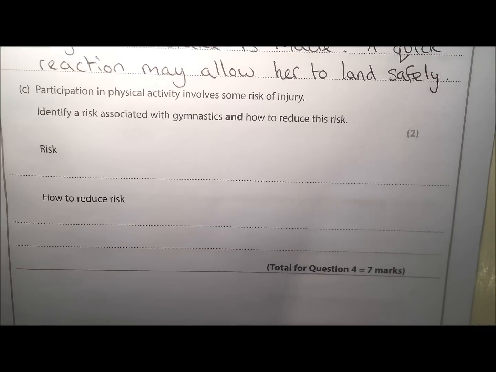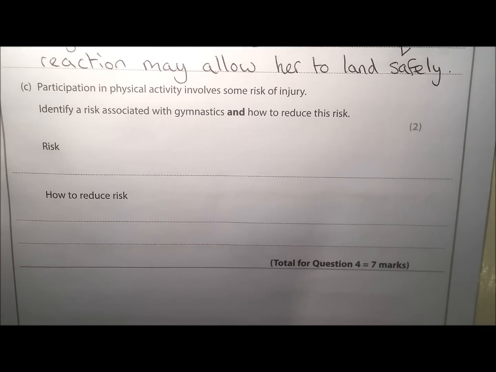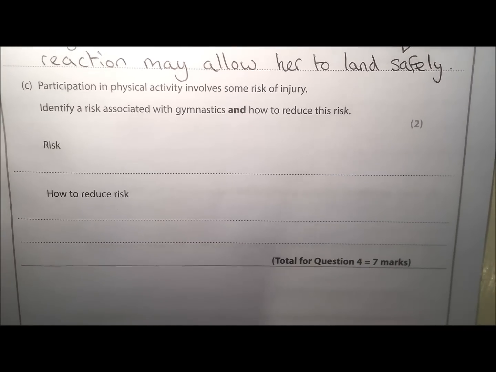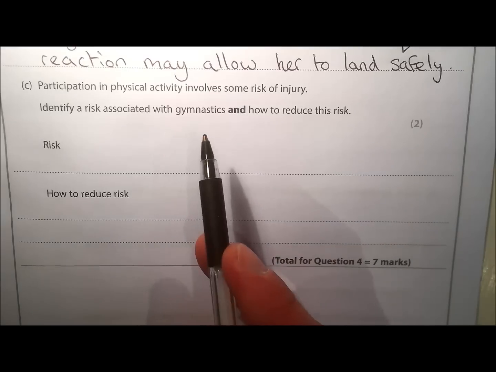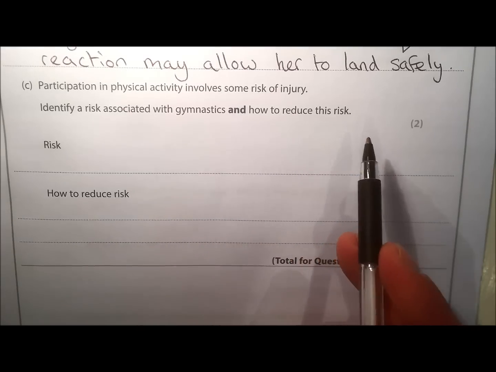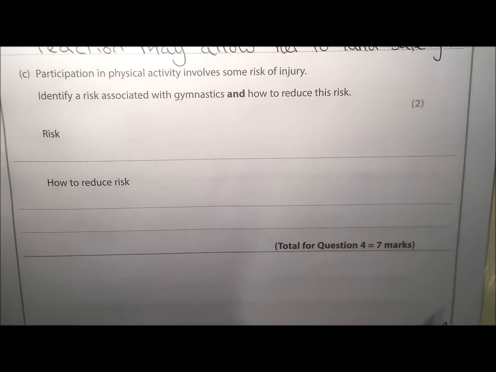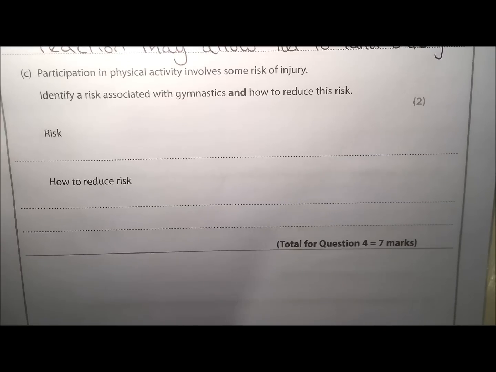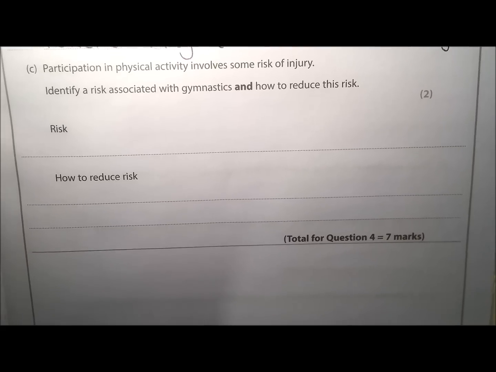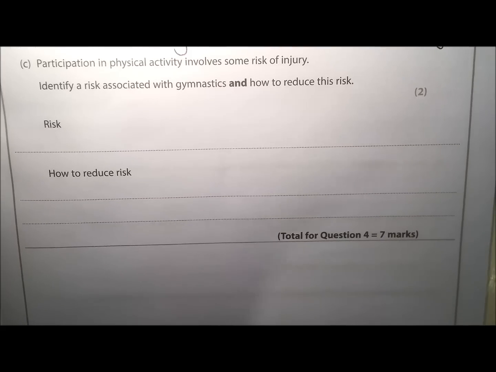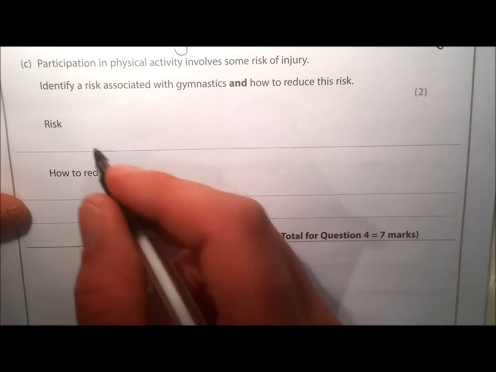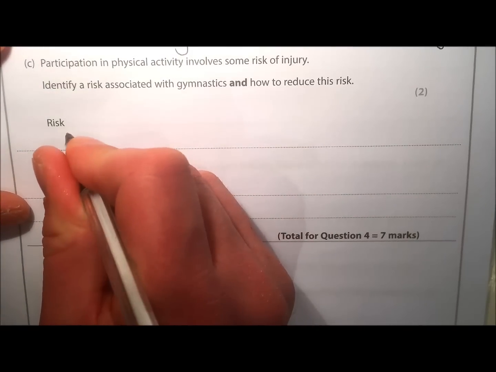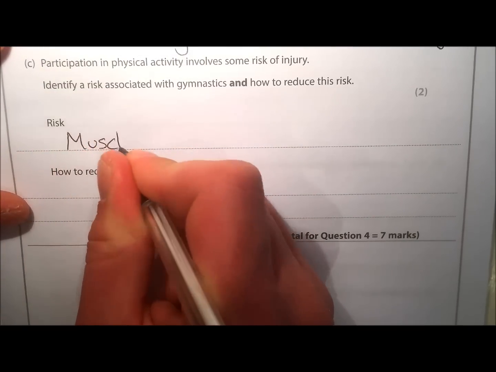Part C. Participation in physical activity involves some risk of injury. Identify a risk associated with gymnastics and how to reduce this risk. Here there is a number of different answers we can have to gain the marks, but the risk that we choose and how to reduce the risk must be linked together. For example, we could have a risk of muscle strain.